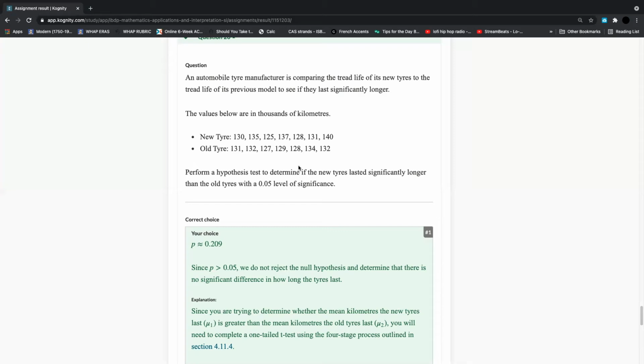Data L1, L2, frequency 1, 1, frequency 2, 1. And then first mu is greater than the second mu. Pooled, yes. Wait, it's pooled, right? We have to click yes for pooled. Cool, it's always yes. Okay, great. Perfect.